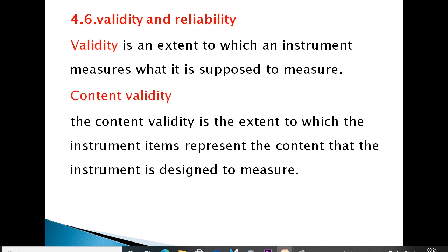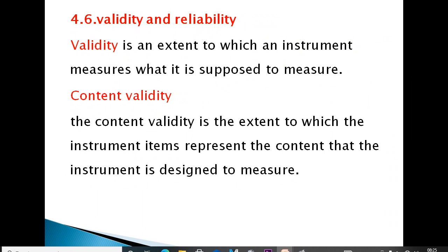If he has used a questionnaire to collect data, the researcher must show how his questionnaire is valid, the extent to which his questionnaire measures what it is supposed to measure.